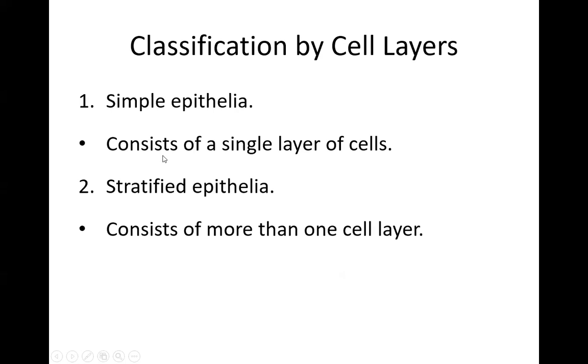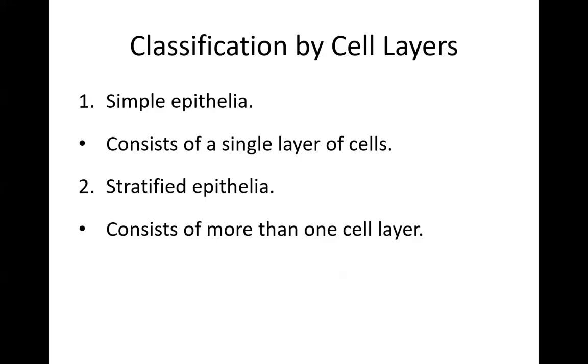So what's the difference? Okay, so when we want to compare simple epithelium to stratified, this is our basement membrane. You see the basement membrane? We said there's two parts of the basement membrane. What are the two parts?